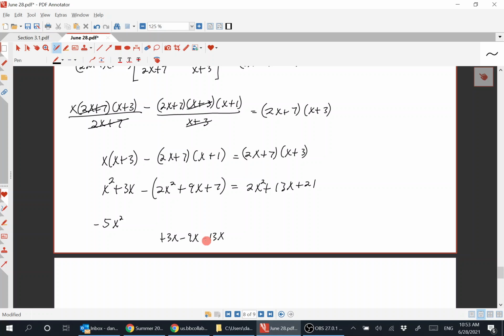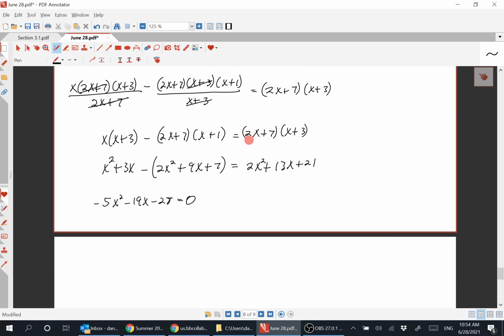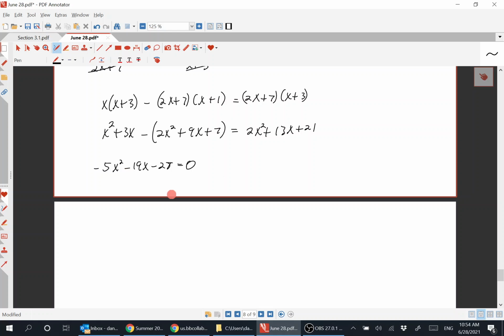So what do we have here? 13 and 9 is 22, so 19. And then for constants, I've got minus 7 minus 21, so it's minus 28 equals 0. Let's divide by a negative.